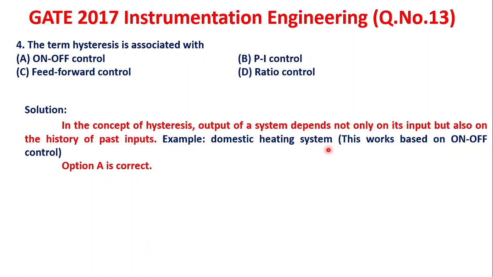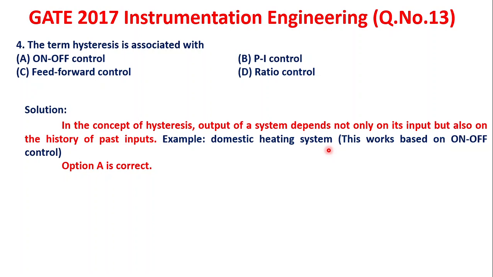Similarly, if the temperature desired is more than what is inside, for example, in the winter season the temperature is 5 degrees, we need 15 degrees, it has to work as a heater.